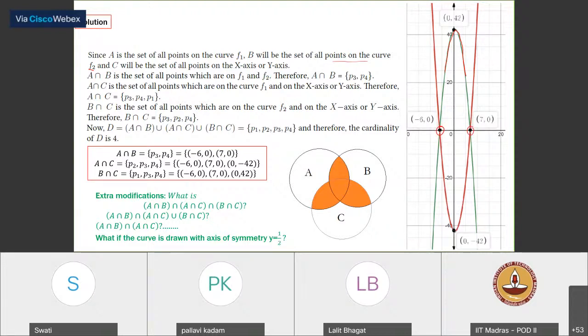Even if you do not find these points, that is okay. There is no requirement, but I just found it. If you plot, the x-axis points are these 2 points and the y-axis points are these 2 points.